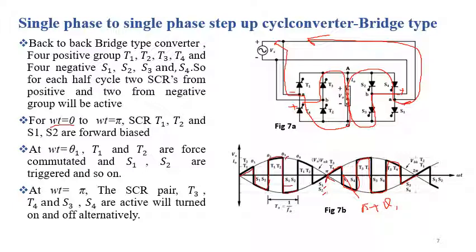And again, the frequency of the output signal is 6 times the frequency of the input signal. So this was the operation of the single phase to single phase step up cycloconverter by using bridge type topology. Thank you very much for your patience.